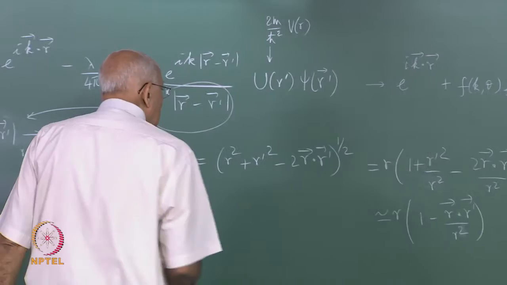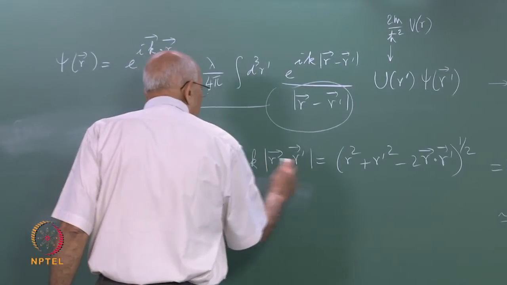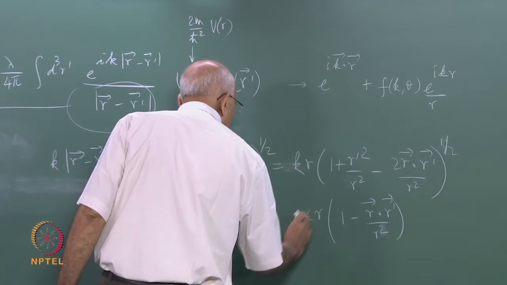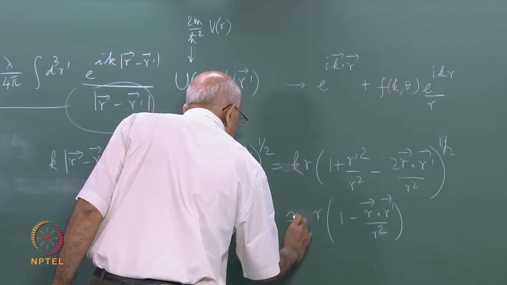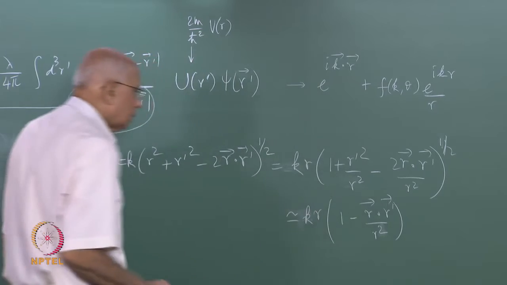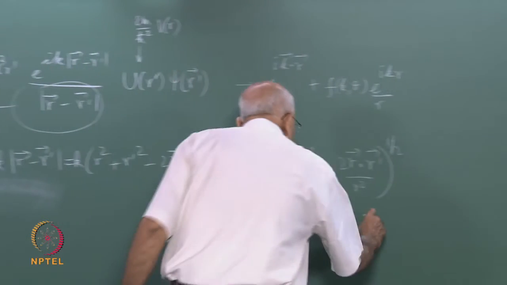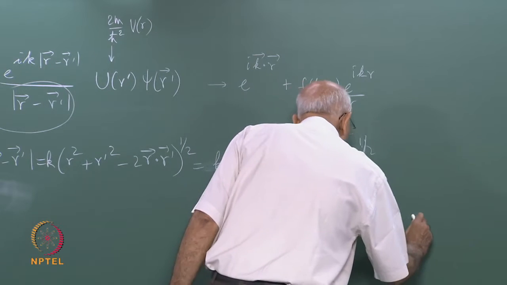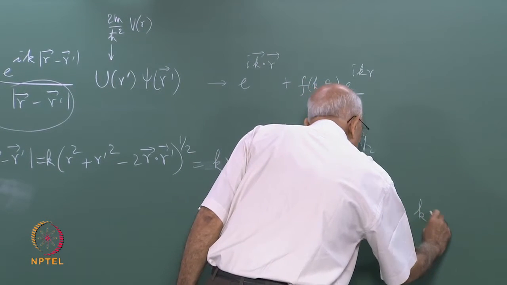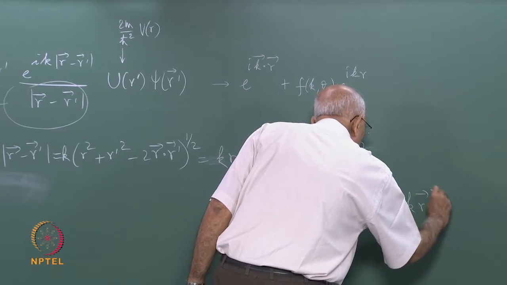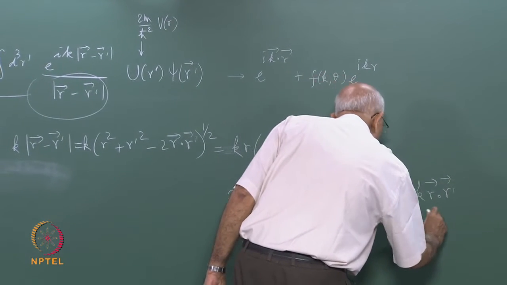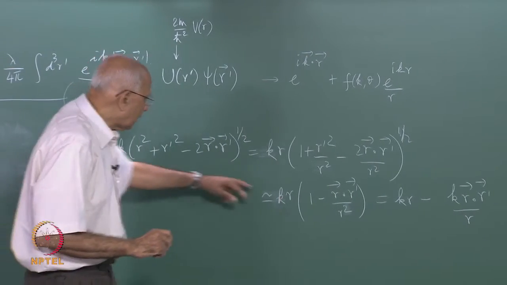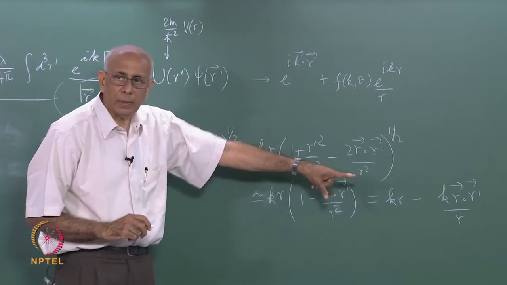But therefore, k times this is equal to kr, the first term, minus k times r dot r prime over r. One factor of r cancels and you get that thing there.